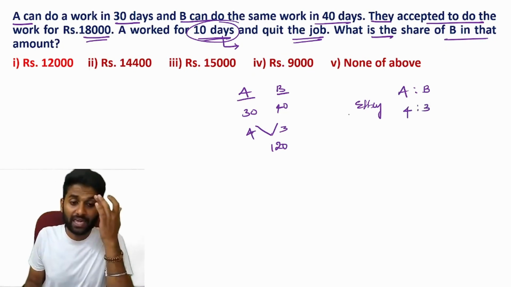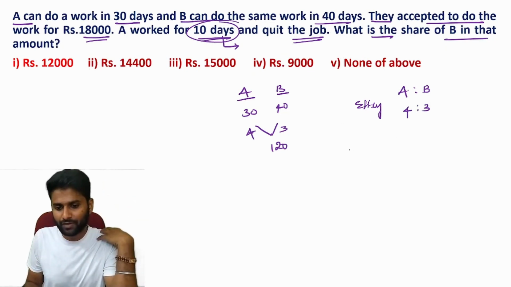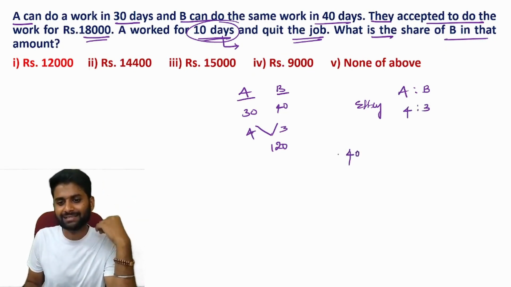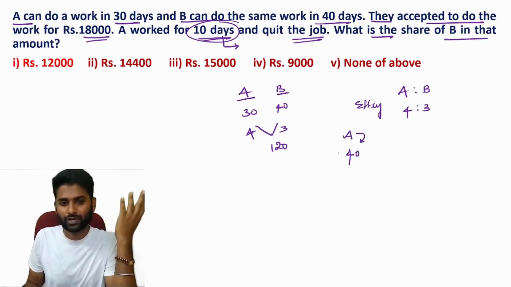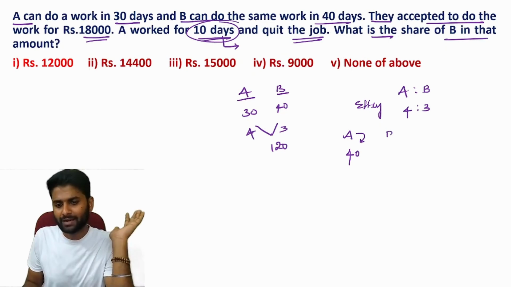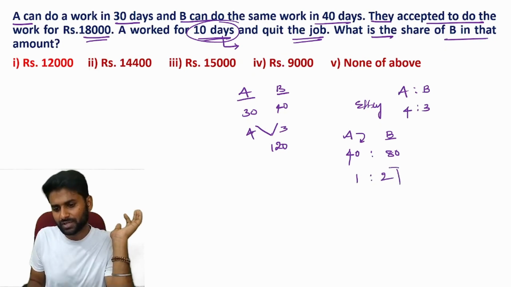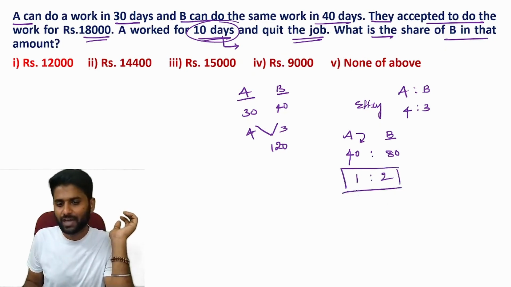Another question. A worked for 10 days, guys, which means he completed exactly 40 units. So A's contribution out of 120 is 40 units, and he quit the job. The remaining 80 units are completed by B himself. Again, the work distribution ratio is 1 is to 2, meaning we have to pay 1 unit for A and 2 units for B. Why?